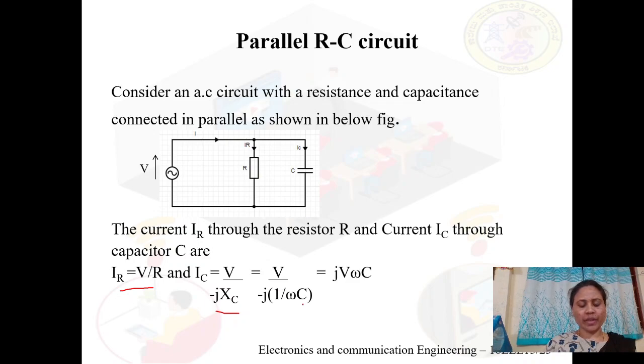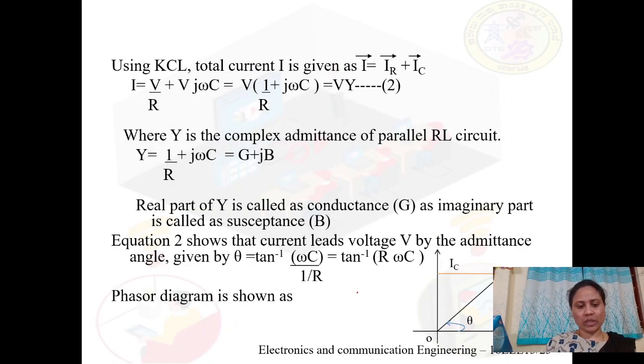Or XC is 1 divided by omega C, we can write. Or let us take this j to the numerator, it becomes j V omega C. So according to KCL, we can write the expression for I as IR plus IC, and substituting the values of IR and IC, we can write the expression for I as V by R plus V j omega C. Here again V is a common parameter, we will take it outside and it can be written as V into Y. Again Y is a complex admittance, which is G plus jB.